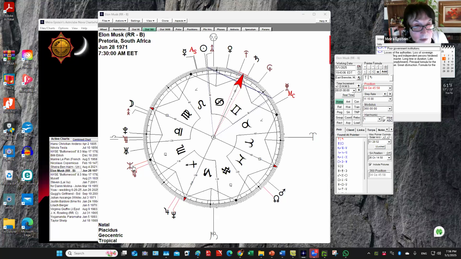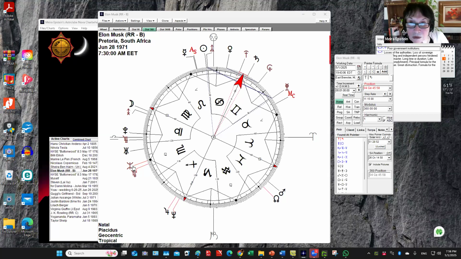It sounds complex, but it's not. Why is it not? Because the dial is so visual that you don't need to think, you see it. All you need is to break it down later into interpretation. But to find it is baby stuff.